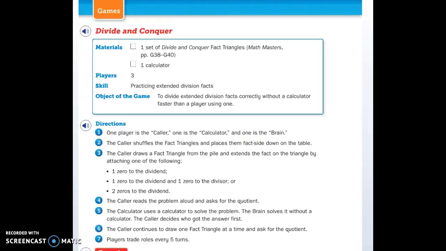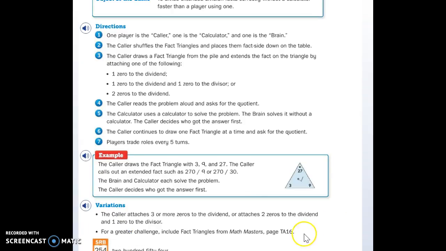Alright, so let's talk about how you play, and then we'll go through the example down here. One player is going to be the caller, one is going to be the calculator, and one is going to be the brain. In this game, the caller will shuffle that deck of cards and place them fact side down on the table. The caller then draws a fact triangle card from the pile and adds a 0 to one of the numbers.